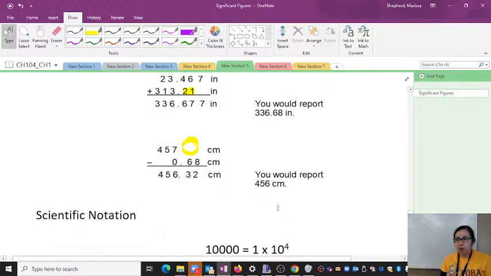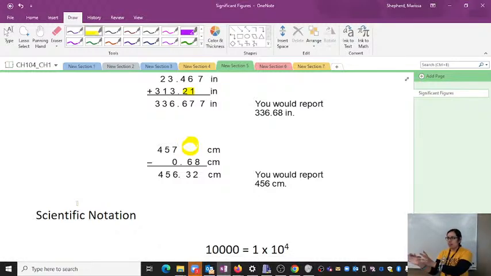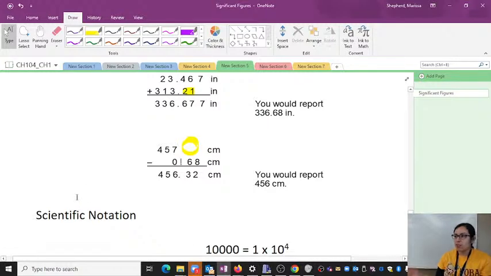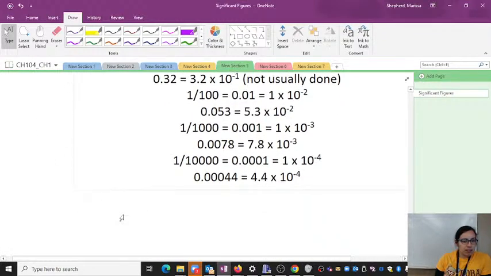Order of operations and all that stuff matters. Just keep rounding till the end, but carry your sig figs through the multiplication and division. Report that, and then if you have to do addition or subtraction, keep that separate.